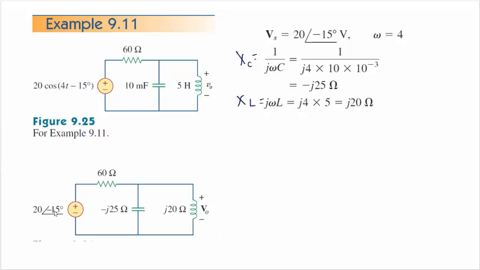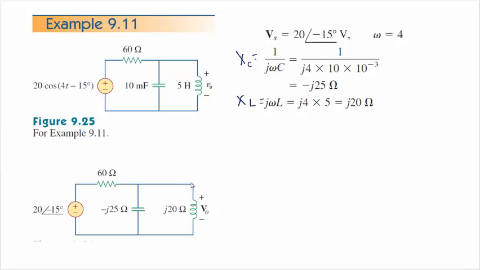So my source I've converted to a magnitude and phase, and then each one of my elements in the circuit I convert into an impedance, whether that's a resistance or a reactance. I have computed it. And so the capacitive reactance is computed right here, becomes minus j25. The inductive reactance, j omega L, becomes j20 ohms.